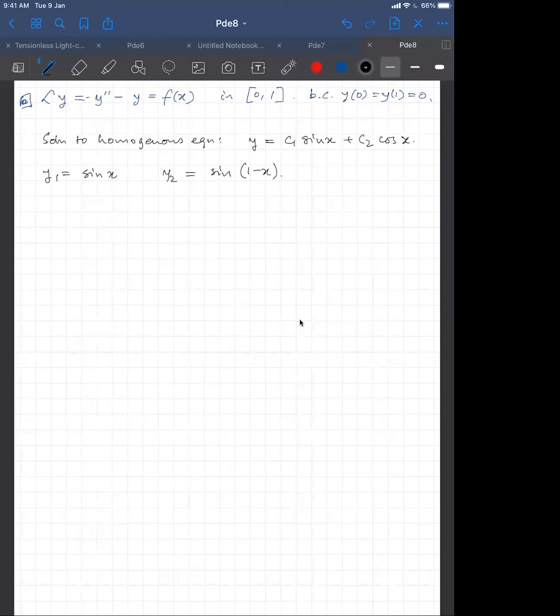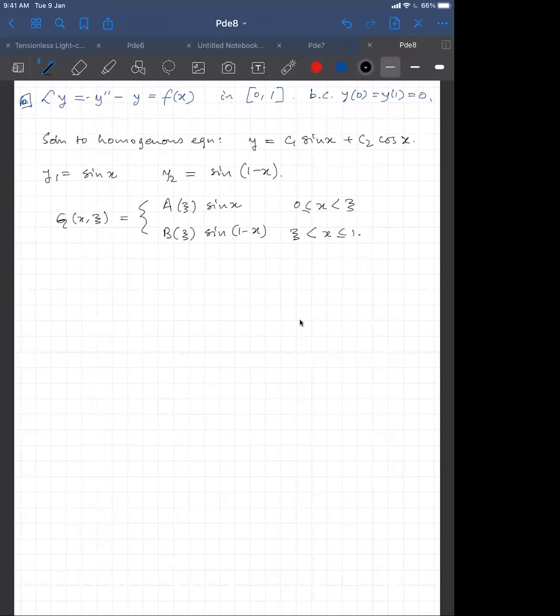So then G of x psi is going to be given as a(psi) sine x, and here b(psi) sine of 1 minus x, for 0 less than or equal to x less than psi, and psi less than x less than or equal to 1.